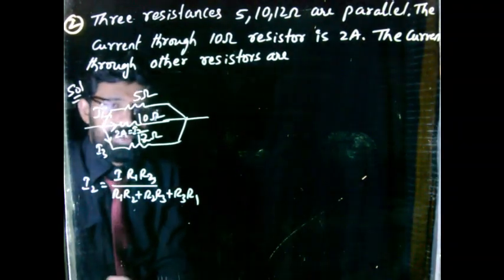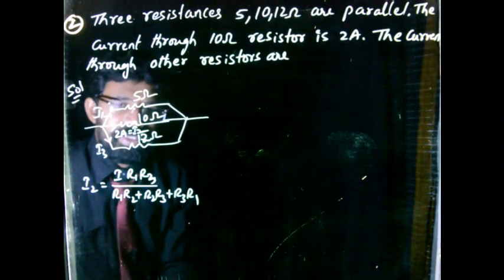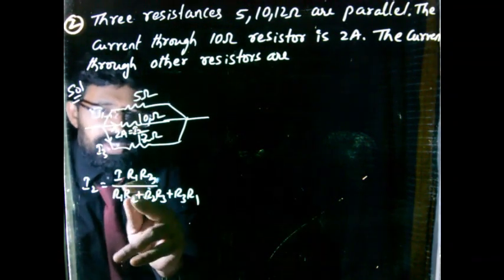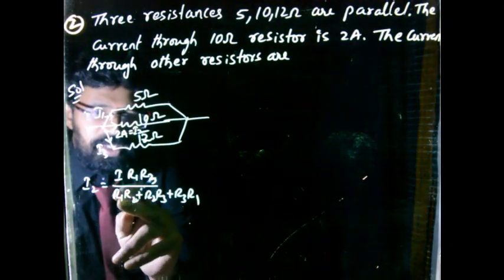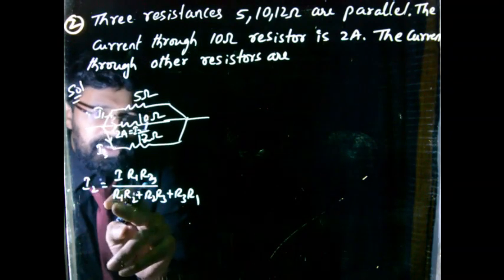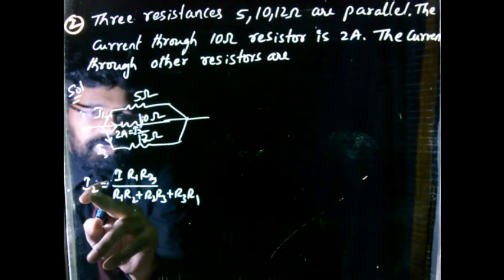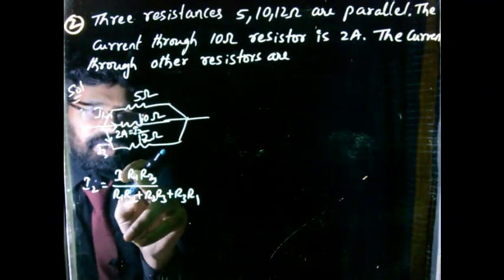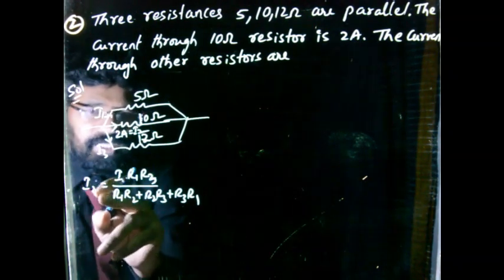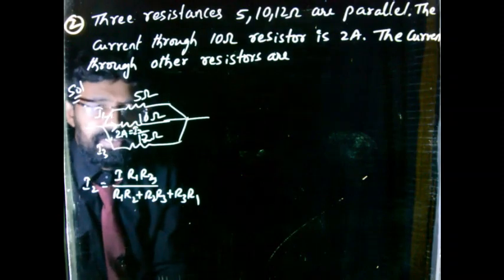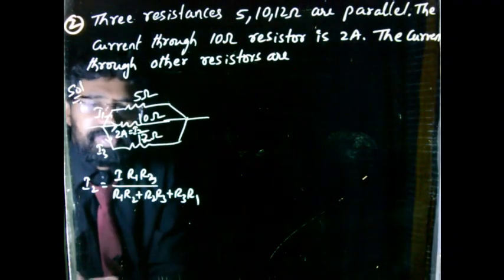When I recollect all the formulae, all the equations that we have derived, I have given this equation. For all the currents, this denominator will be same. If you are dealing with I2, R2 will be missing in the numerator. If you are dealing with I1, R1 will be missing. If you are dealing with I3, R3 will be missing. That's how very quickly you can remember things and put it on the paper.